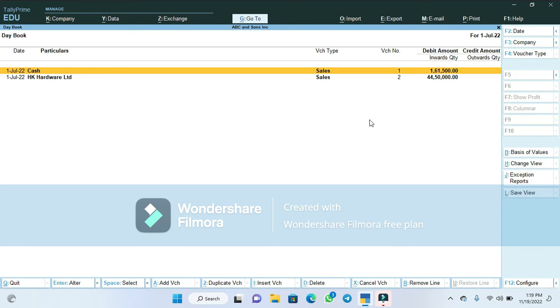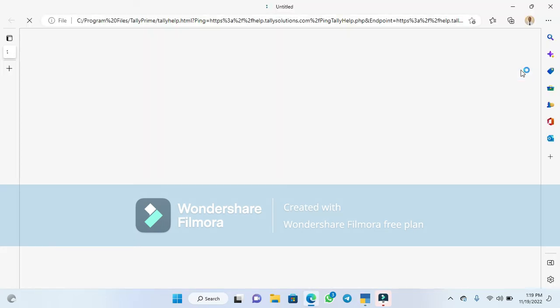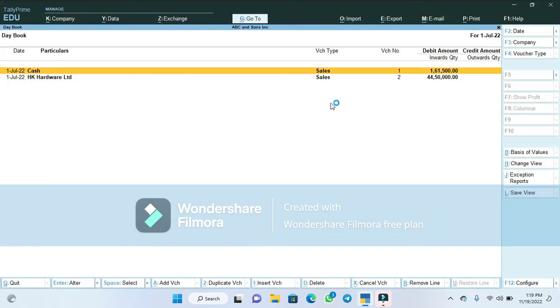So we are going to come here to expand the selection. You can press Alt and F1 to expand the selection. Sorry, I got a technical issue. Press Alt and F1 and it will expand.